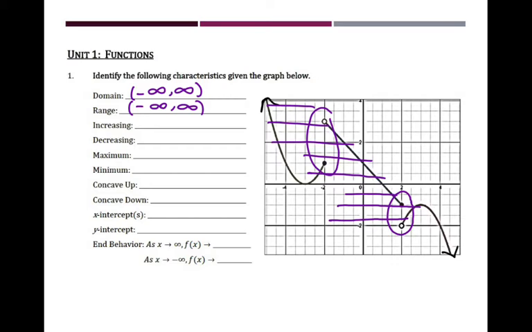Okay. Now, for intervals of increasing, I want to travel along my graph. Anytime my graph is going down, that is an interval of decreasing. So from here to here, in the blue, that is decreasing.